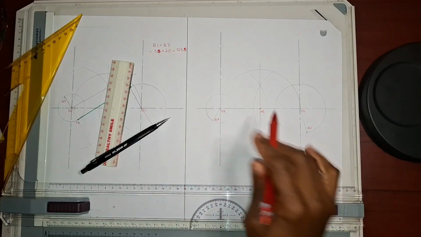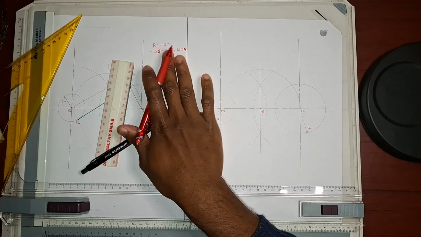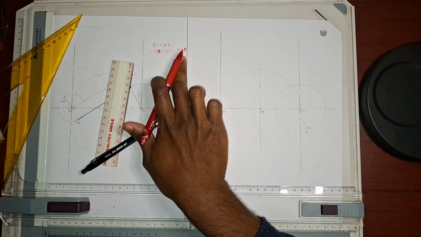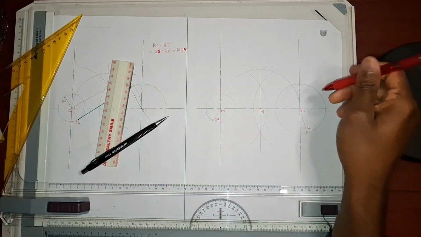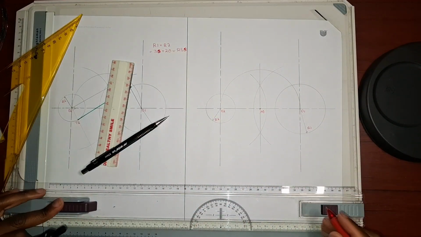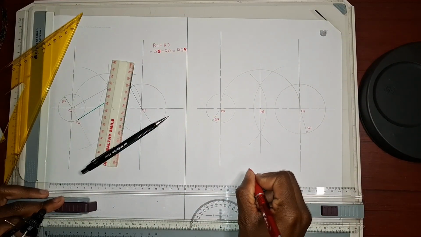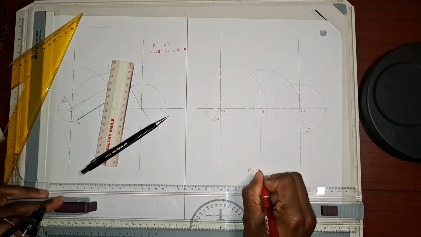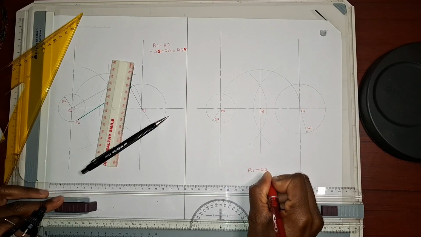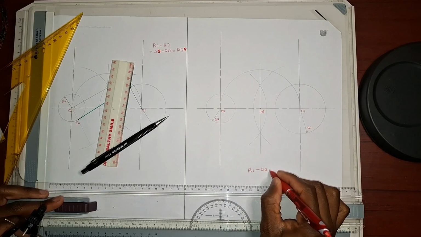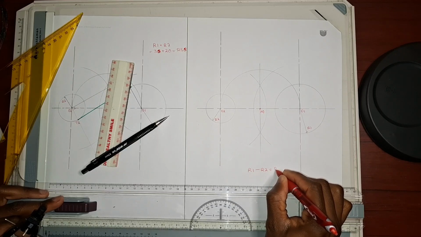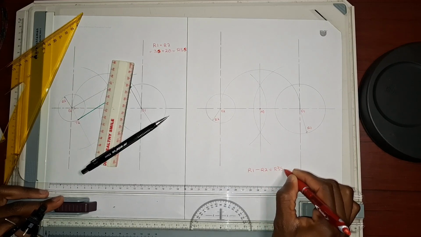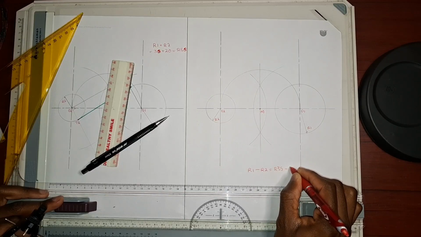So now on this other side, you said R1 plus R2, which gave you 55. Now on this other side, you are going to say R1 minus R2, which will be R35 minus R20.